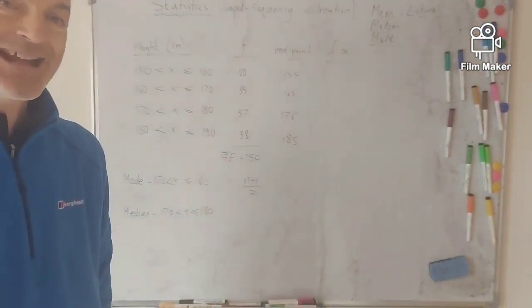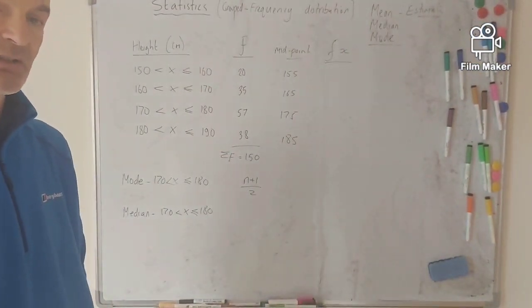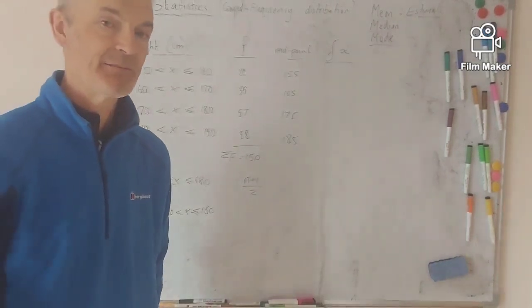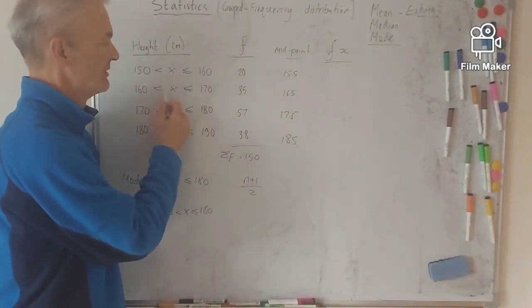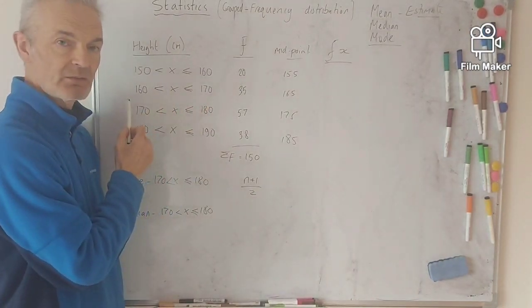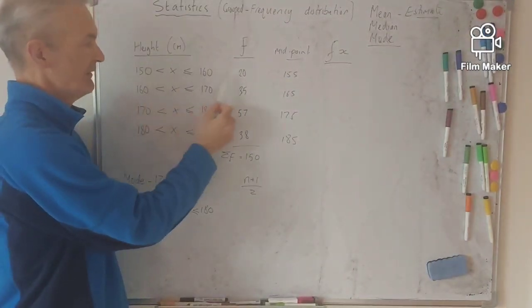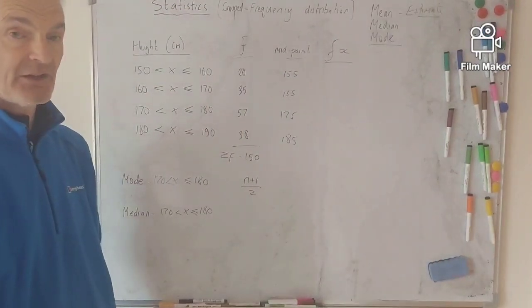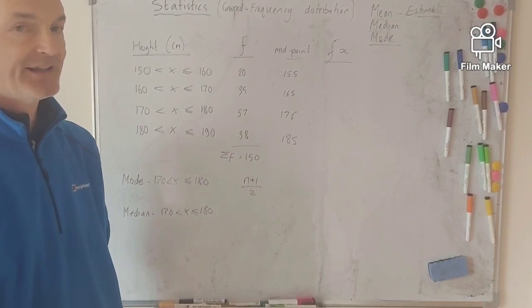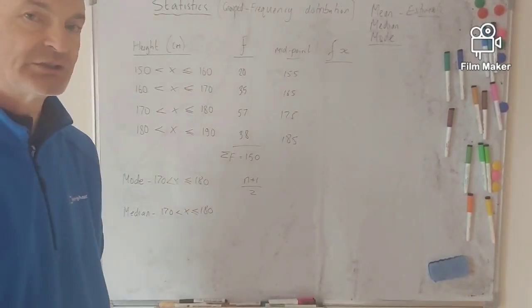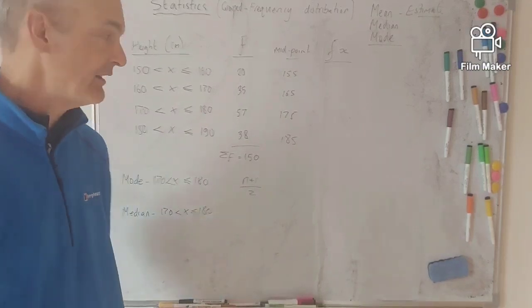You're asked to find an estimate, because the value you calculate is not going to be the exact mean, because you don't know what people's height was. You just know that 20 people were between those values. So you've not got any exact value, so it's just an approximation. It's a pretty close one, because taking the midpoint is a good approximation to use.